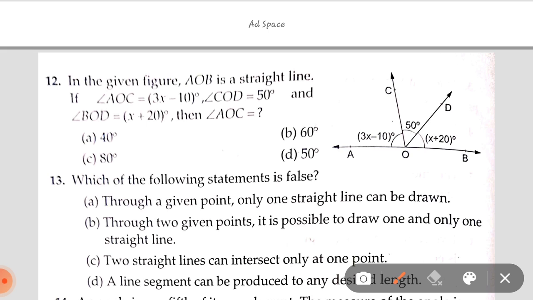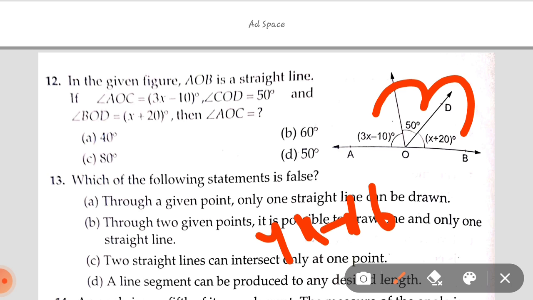First of all, the sum of all angles is equal to 180 degrees, that is 3x minus 10 plus 50 plus x plus 20, that is 4x, 50 plus 20 is 70, minus 10, that is 60, which is equal to 180.